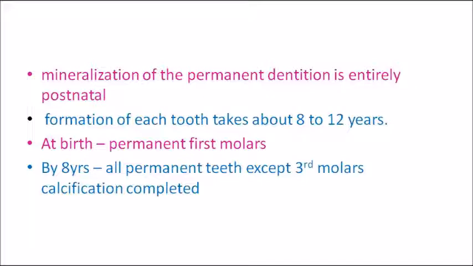And at birth, the only tooth which shows the evidence of calcification in permanent dentition is the permanent first molars. And by 8 years, all permanent teeth have calcified except for your third molars. Most of the time, the third molars show the beginning of calcification both in the upper and lower arch around the age of 8 years. But by that time period, all the other permanent teeth would have completed their calcification.